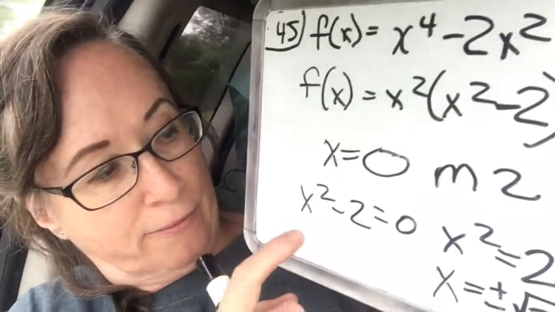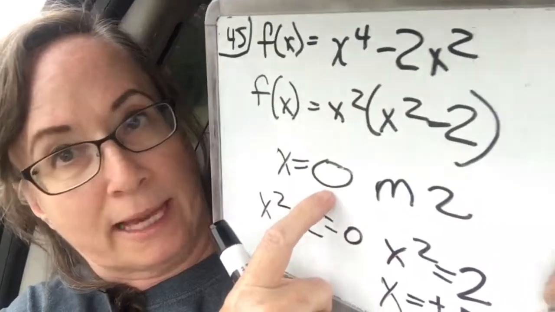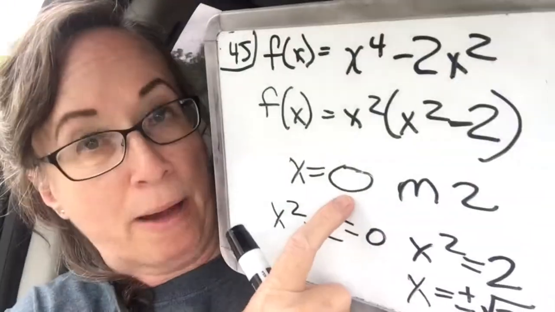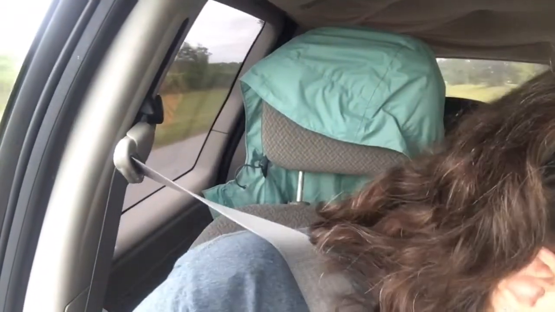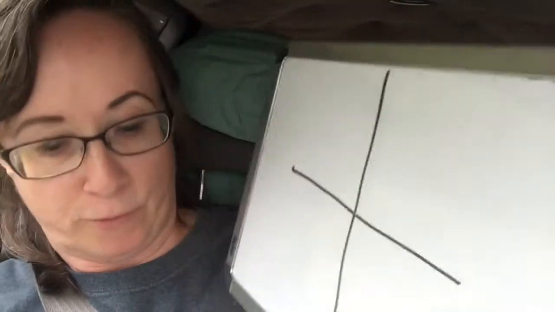So at x is 0, we're going to have a pop. So we're going to graph that here. So remember, when we have our grid, this is still 45 here. Put that over a little bit.